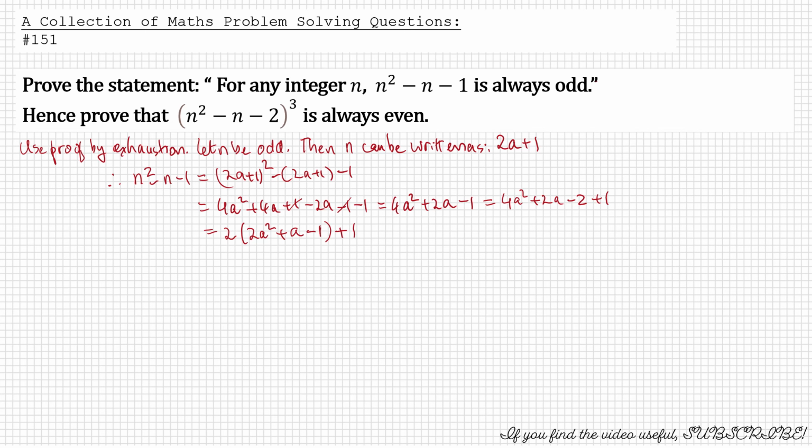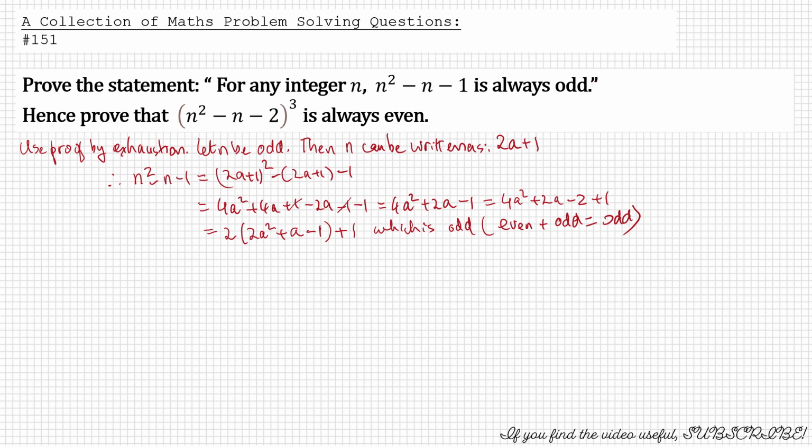So this is odd, because it's a multiple of 2 plus 1. So that is even plus odd, which gives you odd. A multiple of 2 is always even. So we have proven the first case, that is when n is odd.